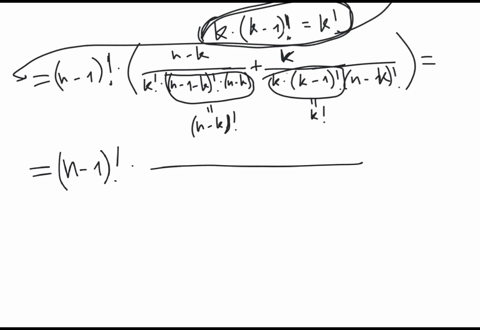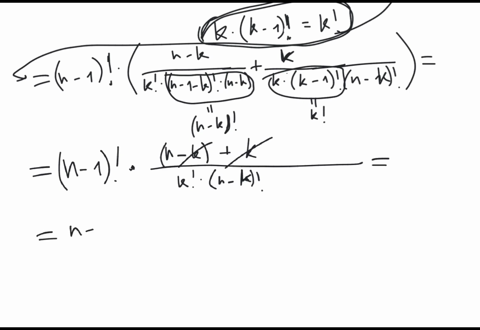We have k factorial multiplied by (n minus k) factorial, and here we have the sum of the numerators, so we have (n minus k) plus k. Minus k and k cancel each other, and so what remains is n in the numerator.